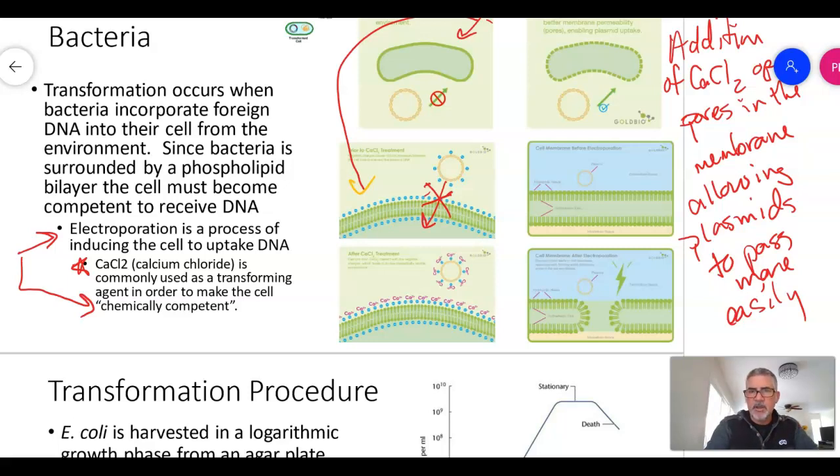And what they'll do is they'll create an open space, essentially a channel, where that plasmid can then enter in. So it creates these channels or pores for plasmids to enter in. And then when I have those pores at that point, my bacteria is what we call chemically competent, or it has the ability to take in plasmid.